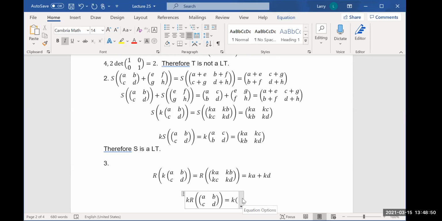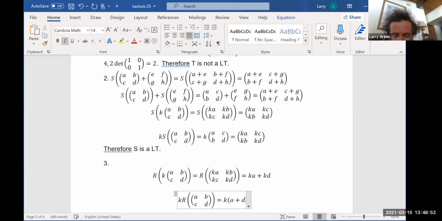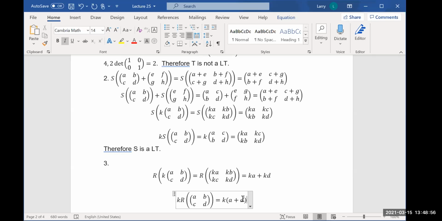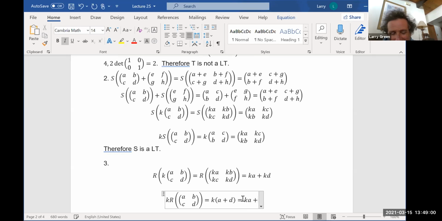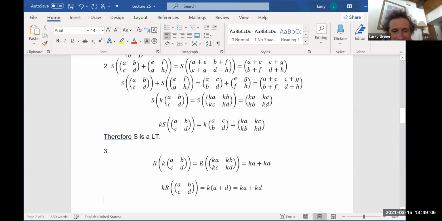A plus D. Is that good? Yeah, that works because that's KA plus KD by the distributive property of numbers. So we just proved number 2.